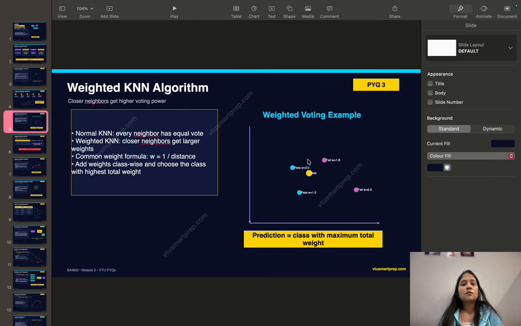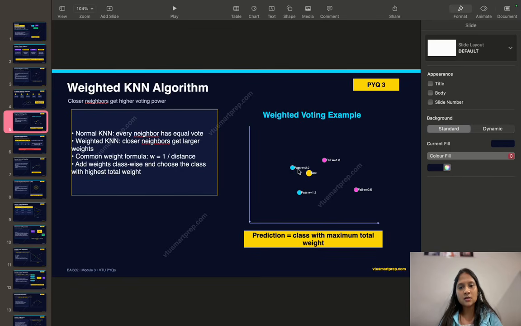Now next comes the weighted KNN algorithm. Here you are going to have the weighted K value. Let's see, here you have the graph. In normal KNN, every neighbor has an equal vote, whereas in weighted KNN, closer neighbors get larger weights.